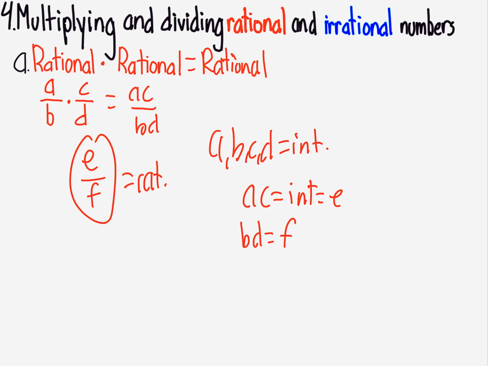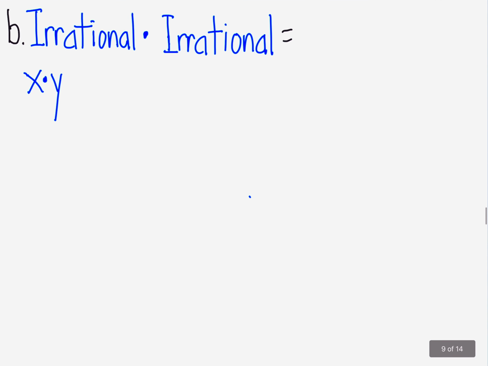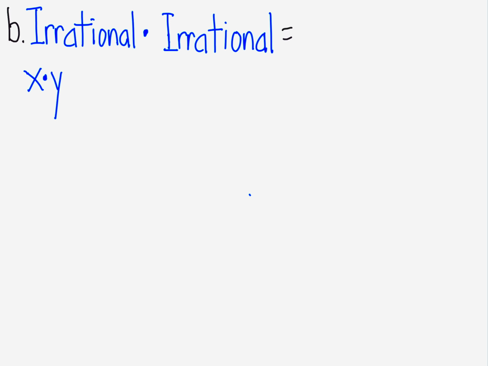And so now let's move on to multiplying two irrational numbers together. So, this can actually be both rational or irrational. First, let's see how it can be rational. Suppose x is the square root of 2 and y is the square root of 8. The product will be the square root of 16. And the square root of 16 is actually equal to 4. And so in this case, it's equal to a rational number.